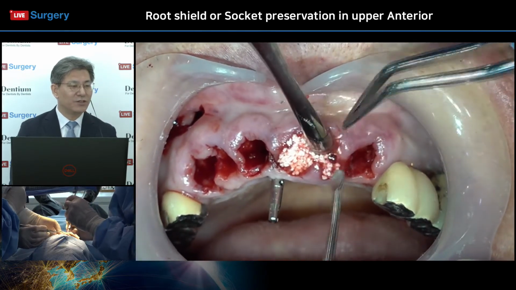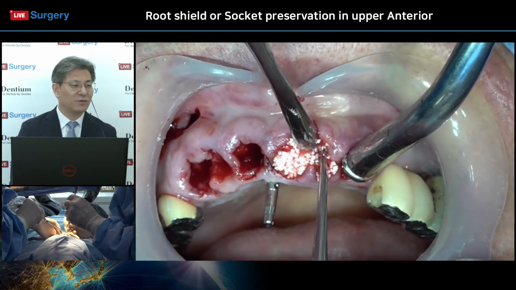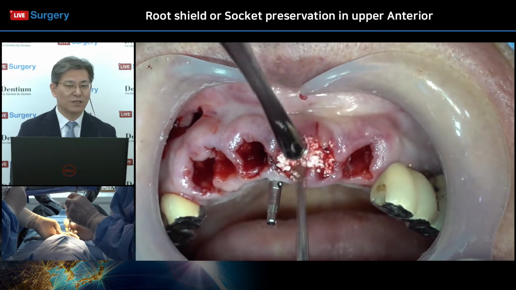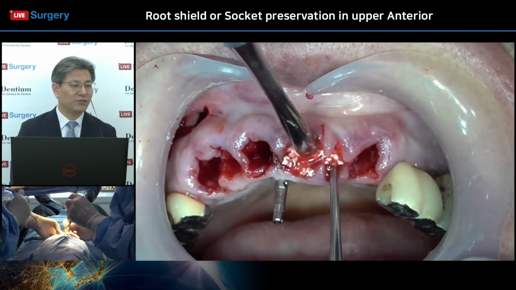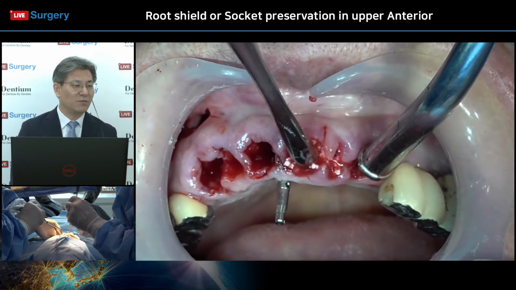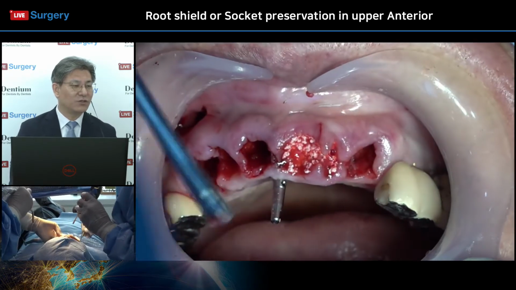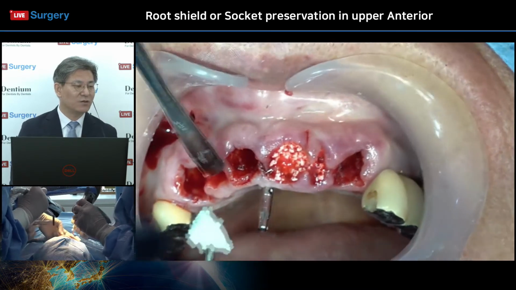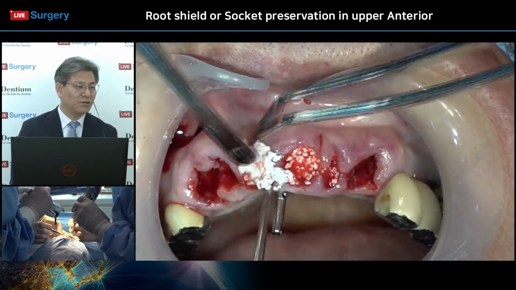Contour augmentation, socket preservation, GBR portion, it doesn't matter. Anytime you can use this collagen Osteon 3 graft material, a synthetic bone with higher potential for volume maintenance and also bone formation function.